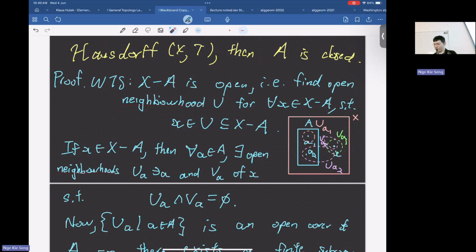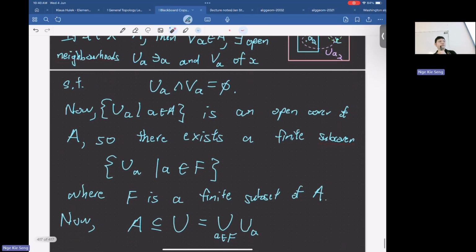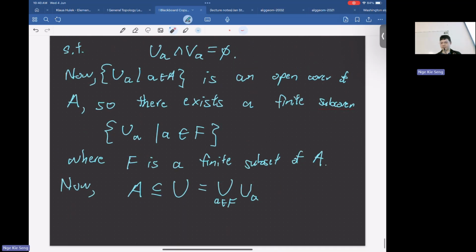You have finitely many VA that contain this X. Can you make an open neighborhood that avoids all these open sets? Here you consider V as a finite intersection of these VA.